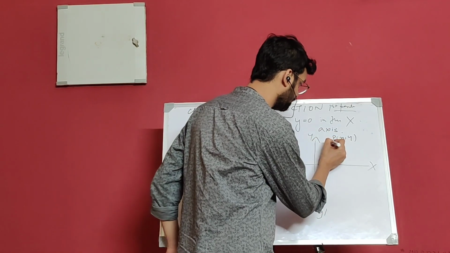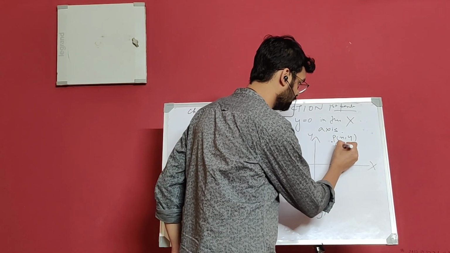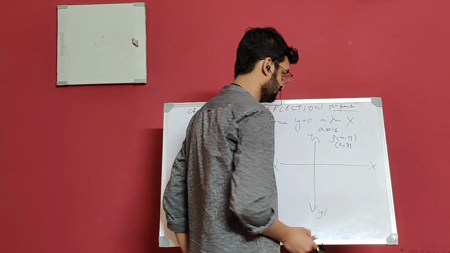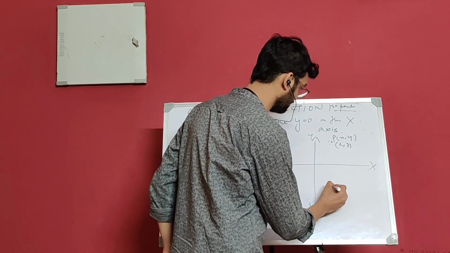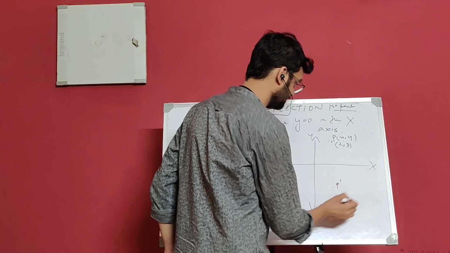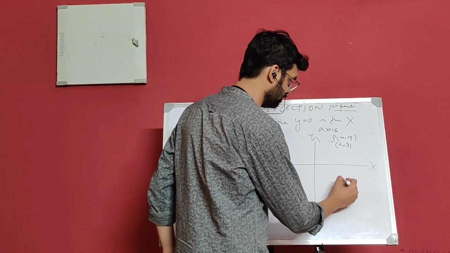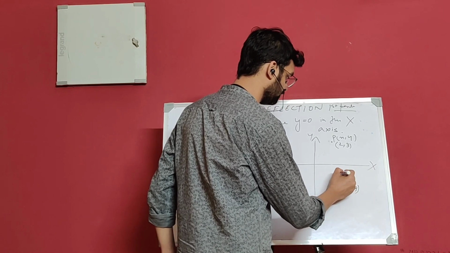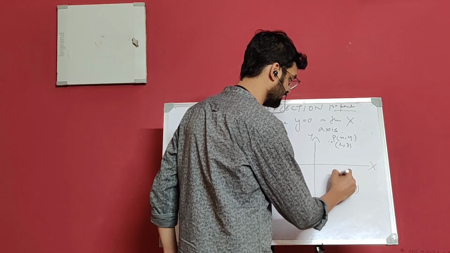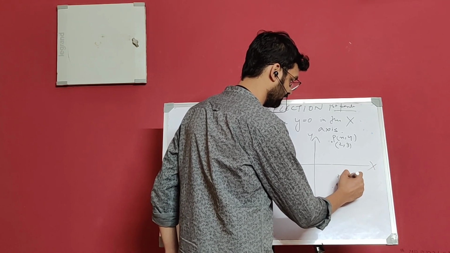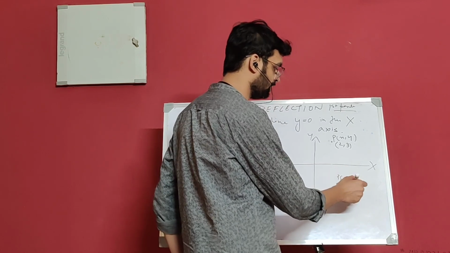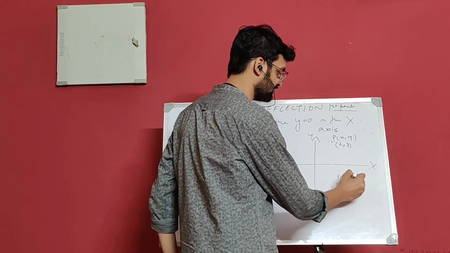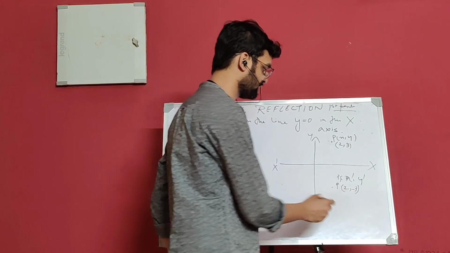Just imagine 2 comma 3, so this diagram will be P dash, that again, see, x will be 2 only and y will be minus 3, or P dash is equal to 2 comma minus 3, or x dash y dash. See, I gave you the example.